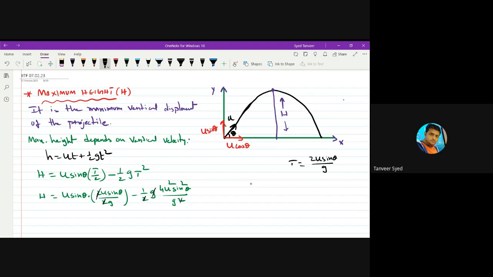G 1g cancelled. 2 cancelled. Then what is h? This is u square sin square theta by g minus 2u square sin square theta by g.